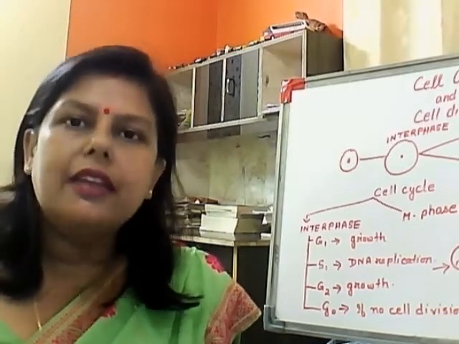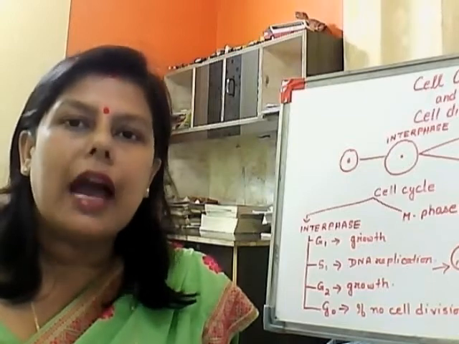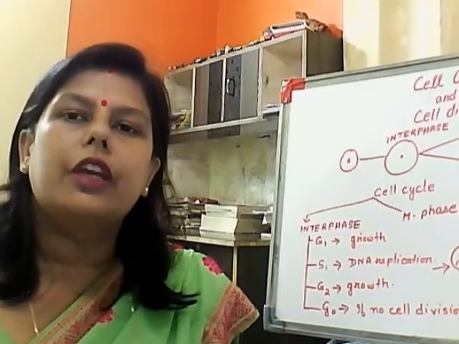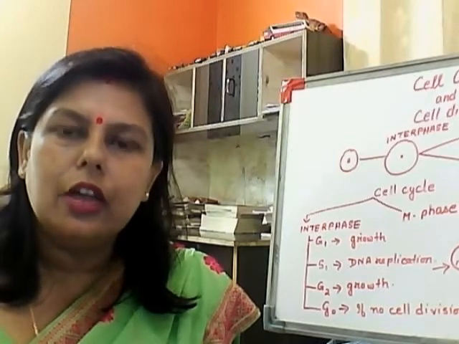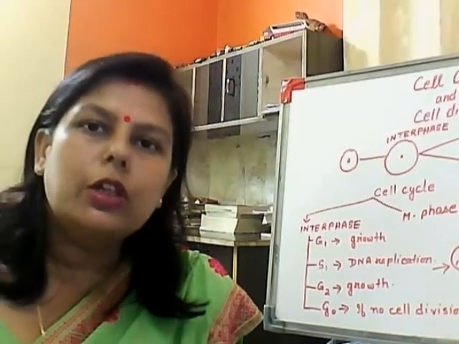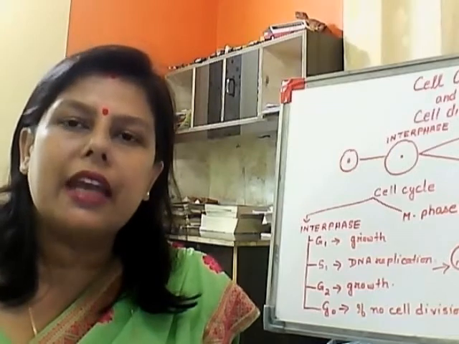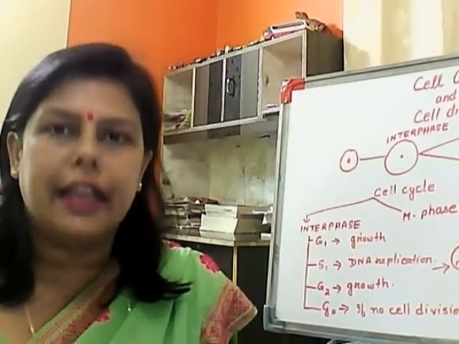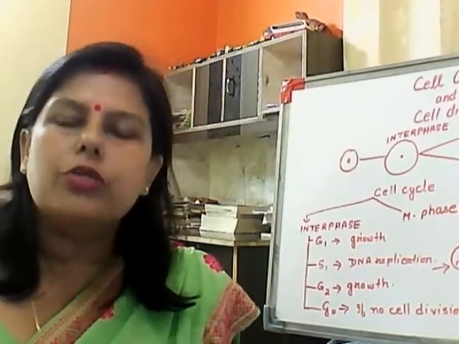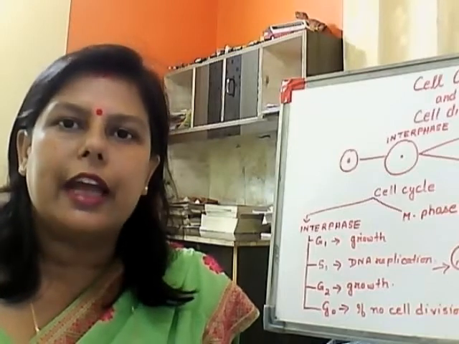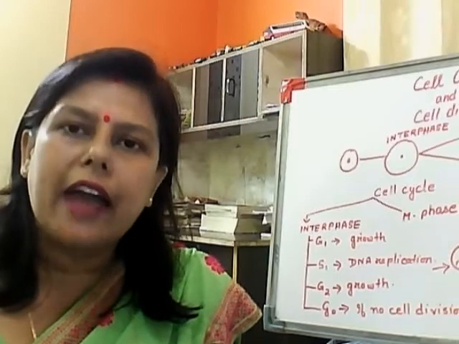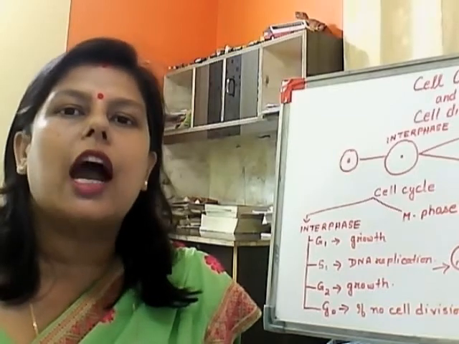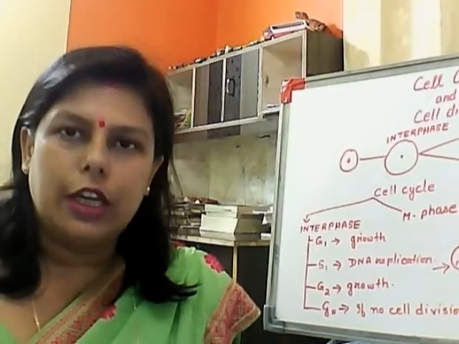Besides this, another thing you have to remember is that a cell consists of the plasma membrane, protoplasm, and nucleus. Besides this, many other organelles are there, but we are not going to discuss the other organelles. We are only going to study a little bit about the hereditary material which is located in the nucleus.